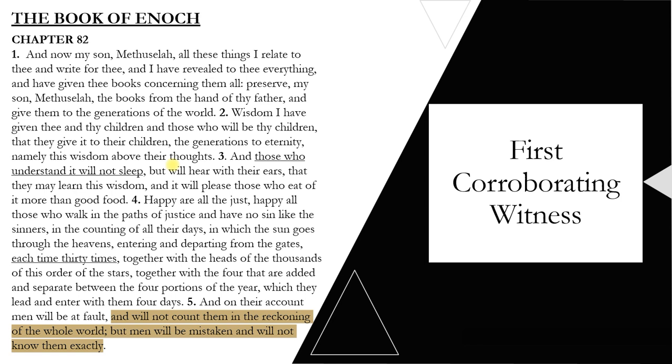Verse 5. And on their account men will be at fault, and will not count them in the reckoning of the whole world, but men will be mistaken and will not know them exactly.